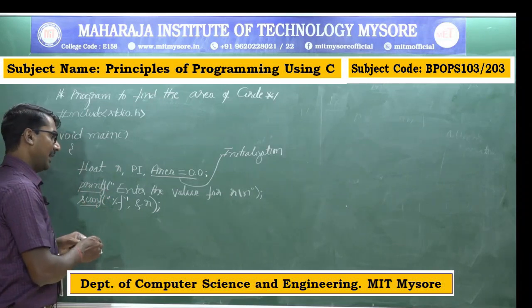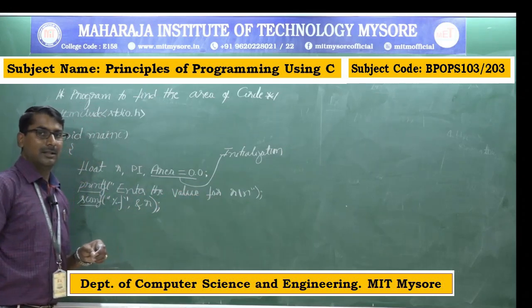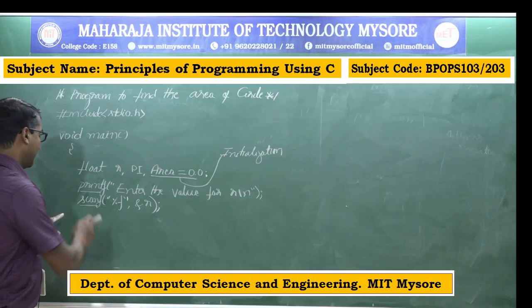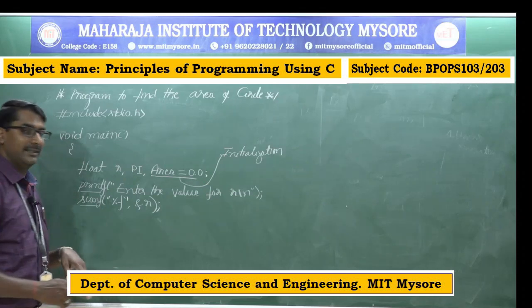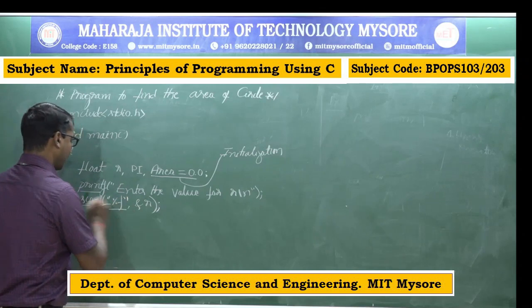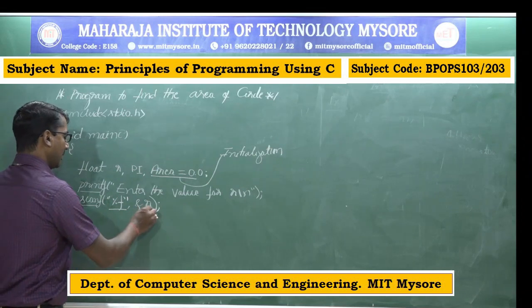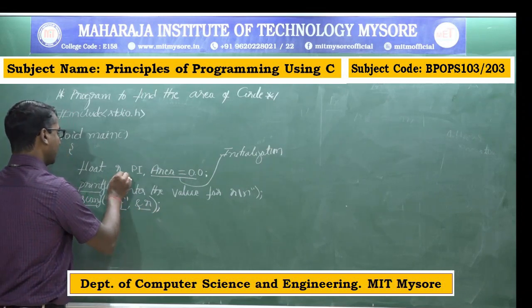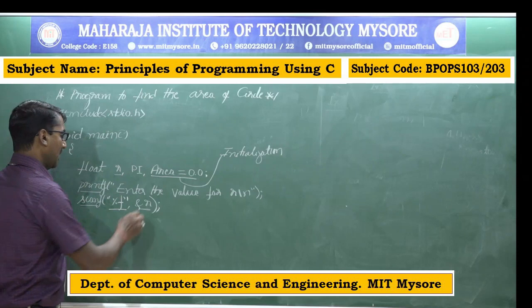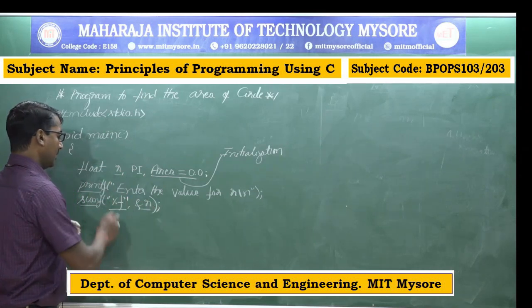So the printf function displays the statement enter the value for r on the computer monitor. This function reads the value. You observe here I have specified %f because the variable r is of type float.